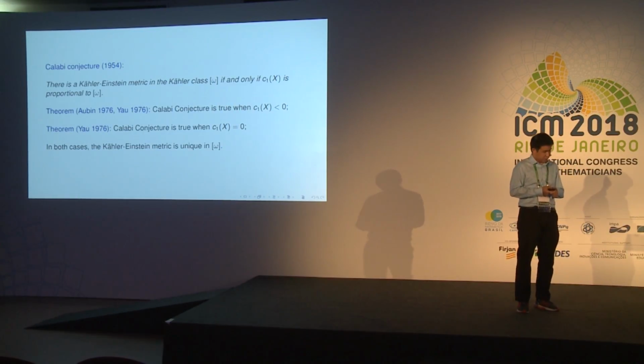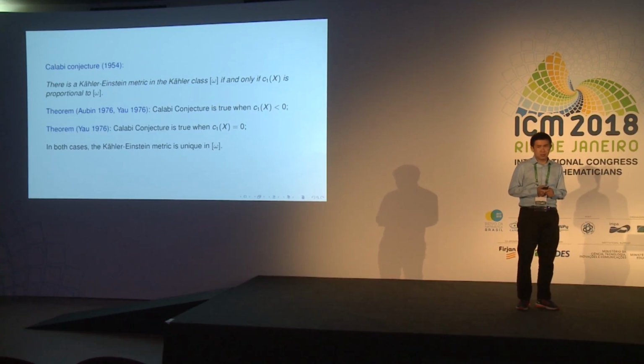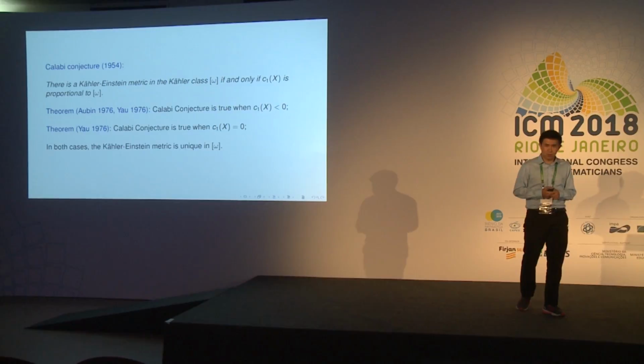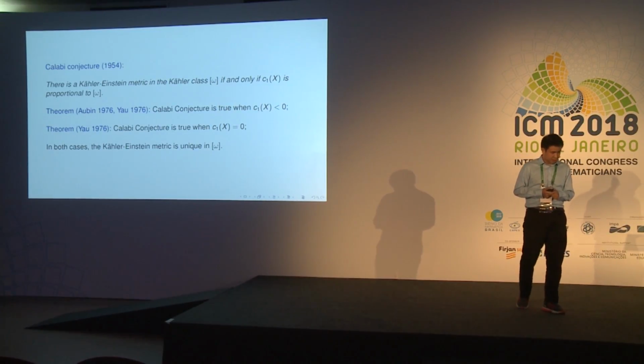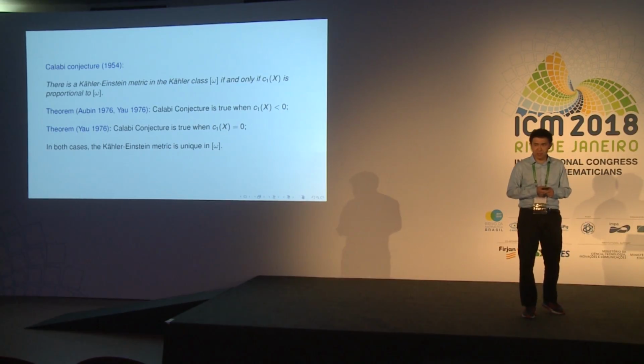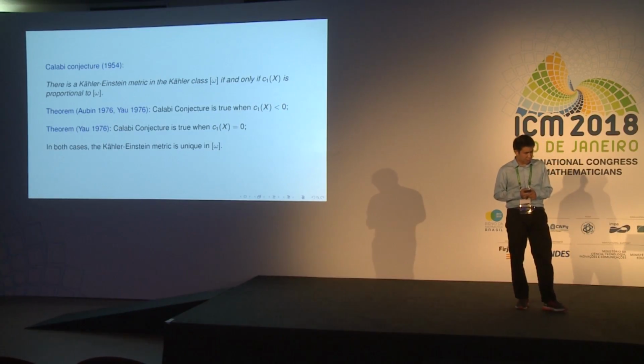So the negative first Chern class case can be viewed as a generalization of the one-dimensional hyperbolic metrics on Riemann surfaces. In the 0 first Chern class case, the Ricci curvature you get will be 0, and these metrics are called Calabi-Yau metrics.